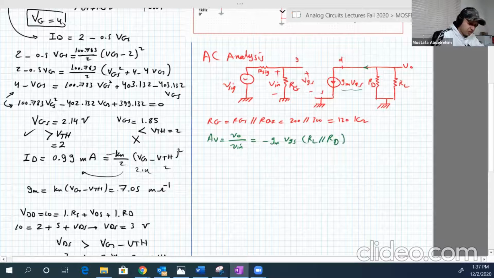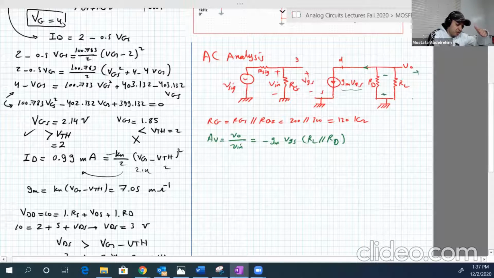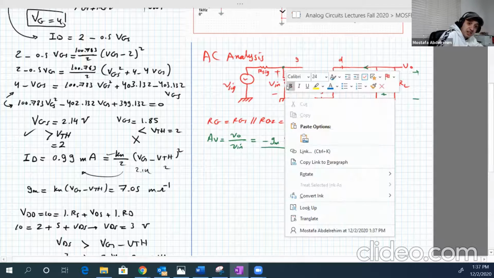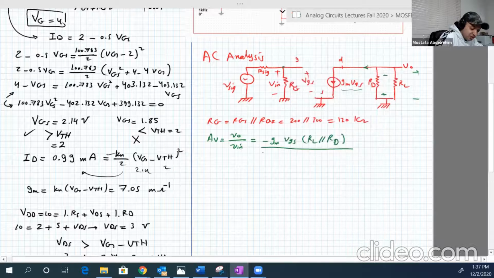And why minus? Because the current is flowing from bottom to up, so the voltage drop is positive-negative versus negative-positive for VO. And V input is actually the voltage between the gate and the ground, or the gate and the source, right? Because the source is connected to ground. So it's equal to VGS, and VGS will cancel with VGS. So this will be equal to minus GM times RL parallel RD.